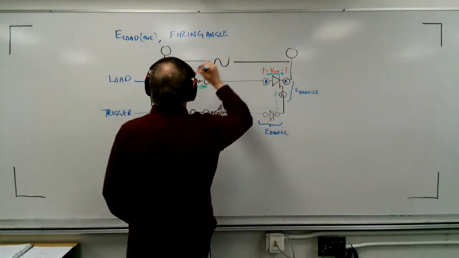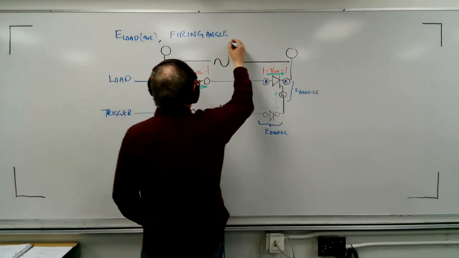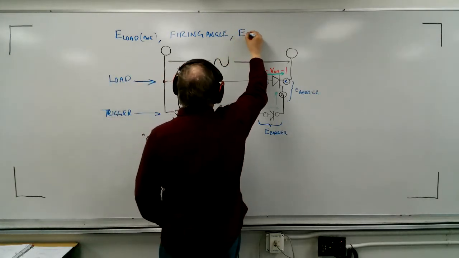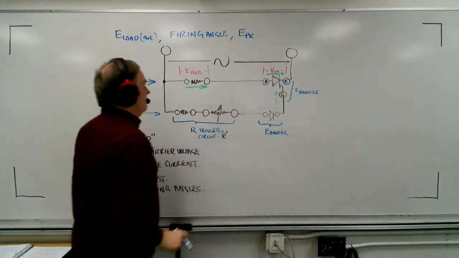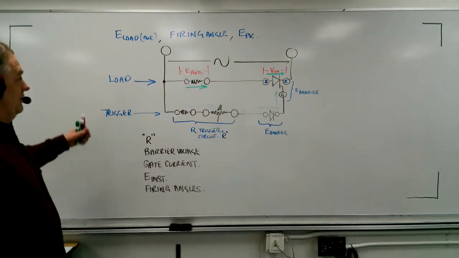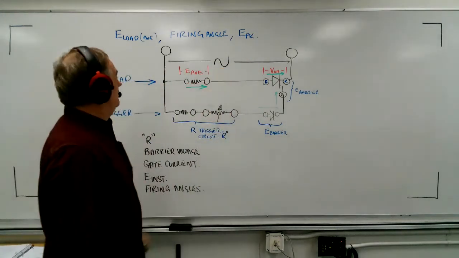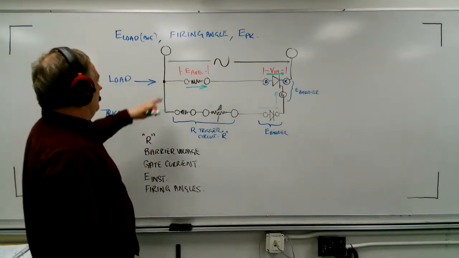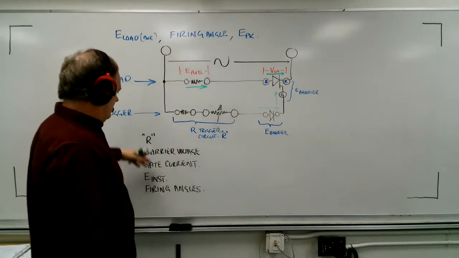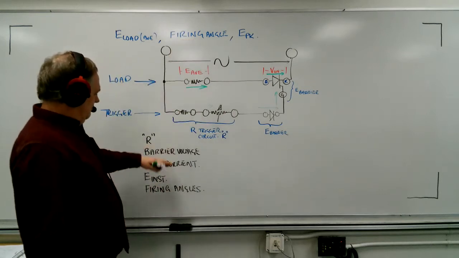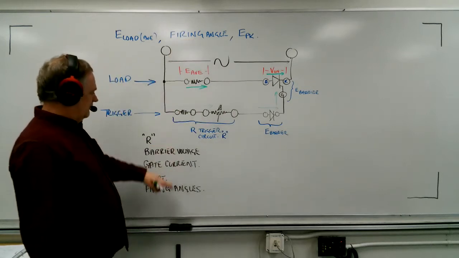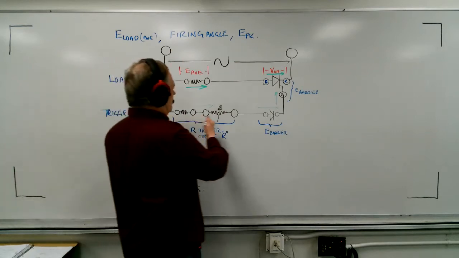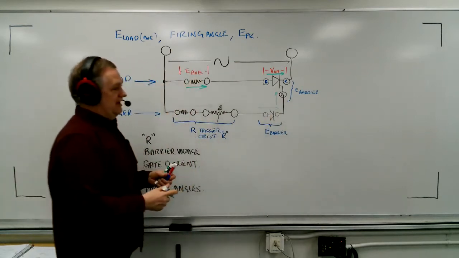And what's the other thing you need to know? You need to know the peak voltage. So if you know the firing angle and the peak voltage of your AC supply, then you can figure out the load voltage. And where do you get the firing angle from? You look at your trigger circuit and say, based on our trigger circuit, what kind of firing angle do we have?